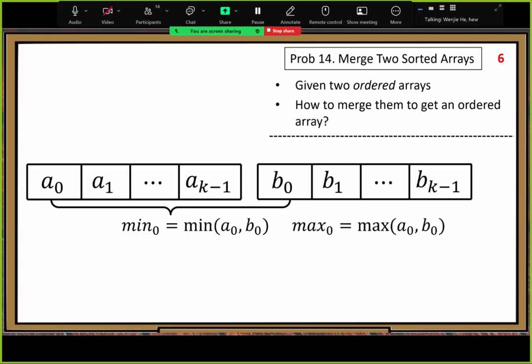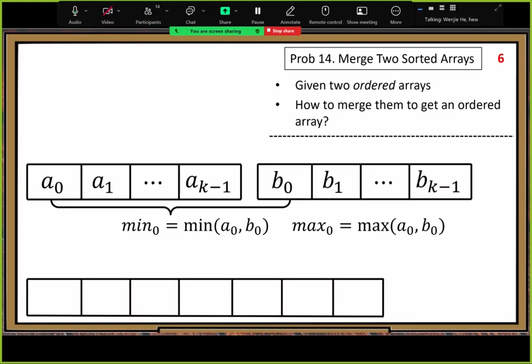If we want to place it in the destination array, it must be the first element, because it's the minimum of the whole destination array. So after one comparison, we can put one element in place.